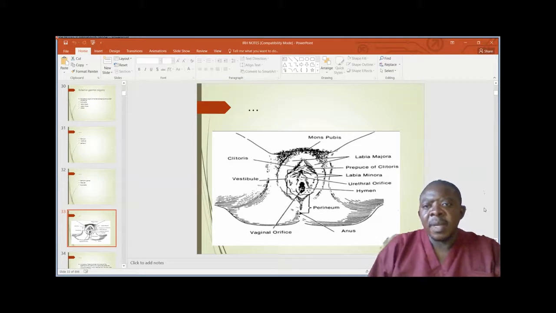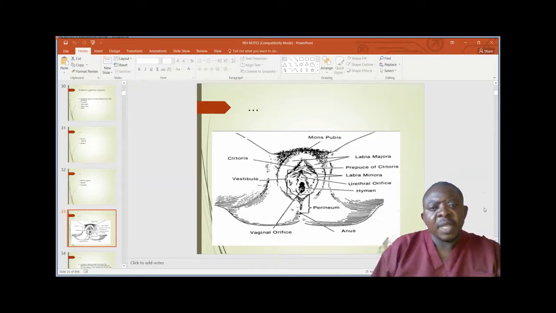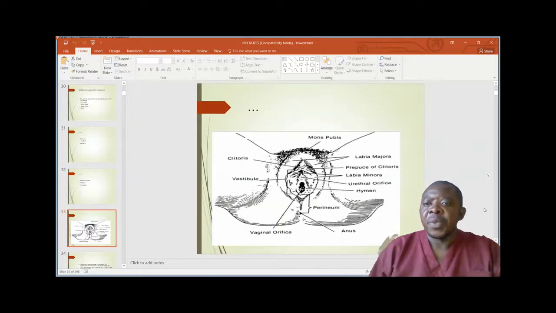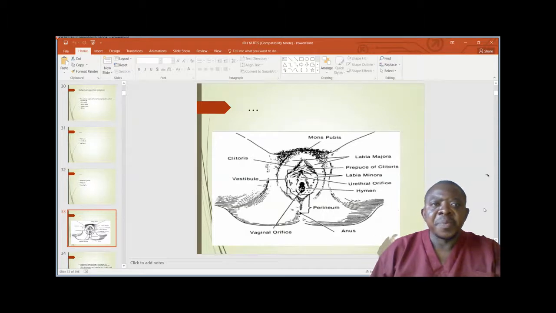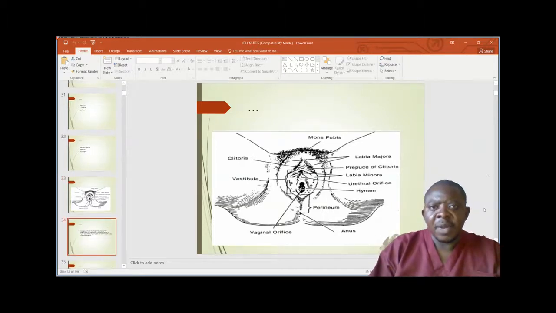This diagram tries to put across these external genital organs that I've just mentioned: the location of the vestibule, the clitoris, the mons pubis, labia majora, the prepuce of clitoris, labia minora, urethral orifice, the hymen, the perineum, the anus, and the vaginal orifice. So these are the external organs of the reproductive system.